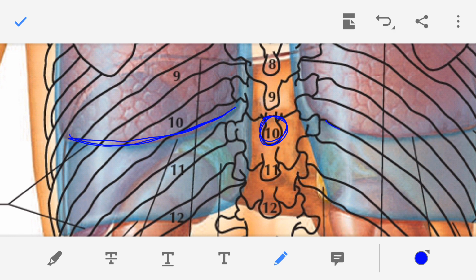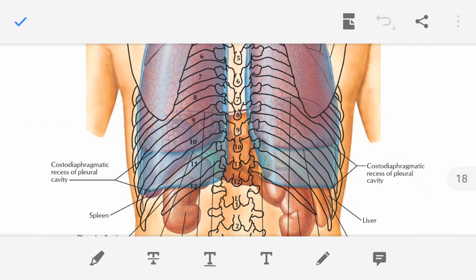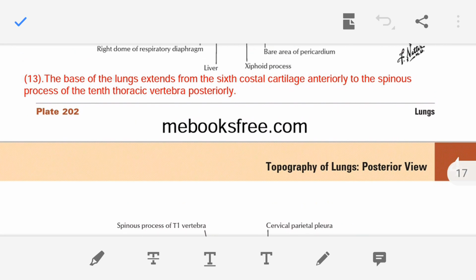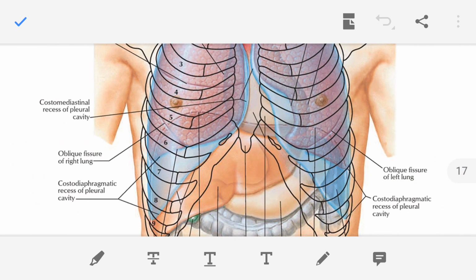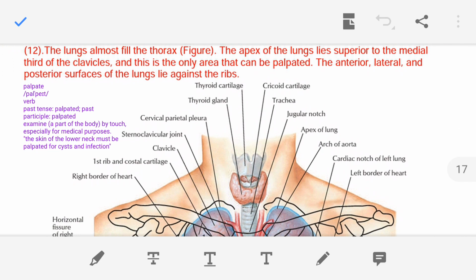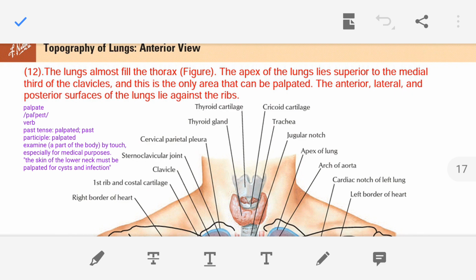So on the posterior side, the base is close to the spinous process of the 10th thoracic vertebra. So this was the 12th point, regarding where the base is situated.